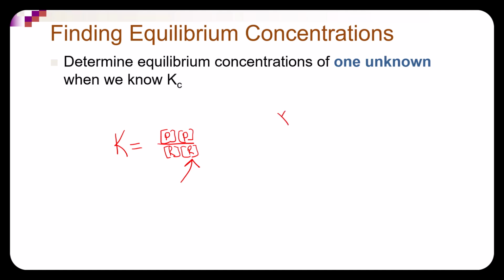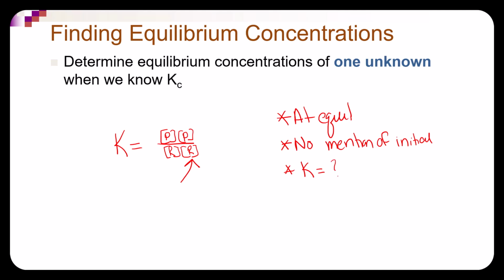So again, we're going to be looking for at equilibrium, no mention of initial, and K equals something. That's going to be a given value in these types of problems. No mention of initial. All of them are at equilibrium. Find the K value, plug and chug through it.